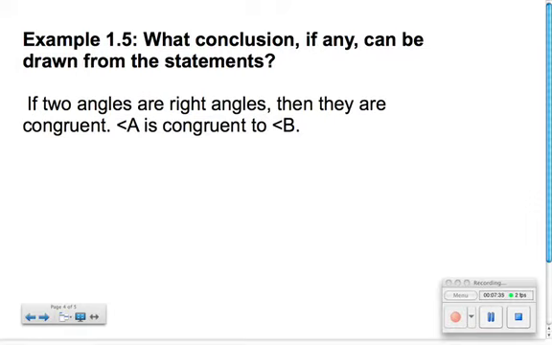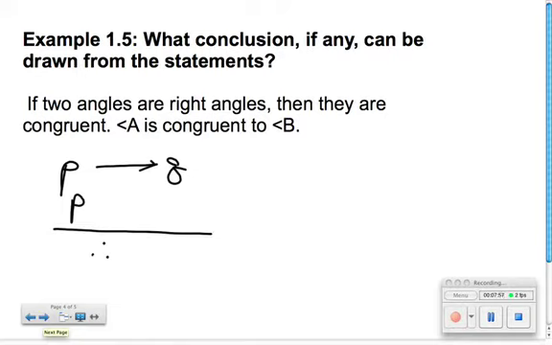But using my laws of logic to explain why I cannot draw this conclusion, let me reiterate what the law of detachment says. The law of detachment says I've got a P arrow Q statement, an if-then statement, and I know that the if part is true.